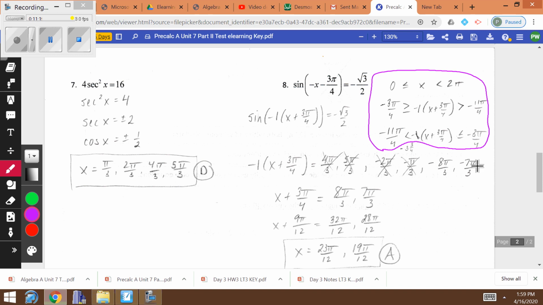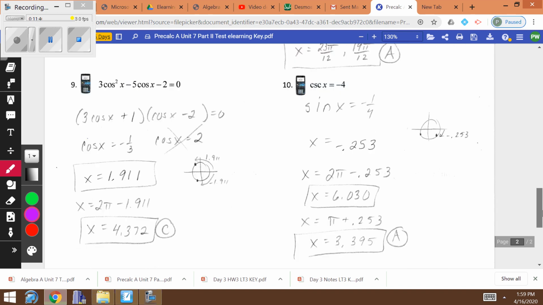So we had to keep subtracting again, and both of these then were in the interval. If we kept going, it would be smaller than -11 pi over 4, so I didn't keep going. It was just these two answers right here. So then we multiply by -1 or divide by -1 and subtract 3 pi over 4, and that's how we got that answer of A.